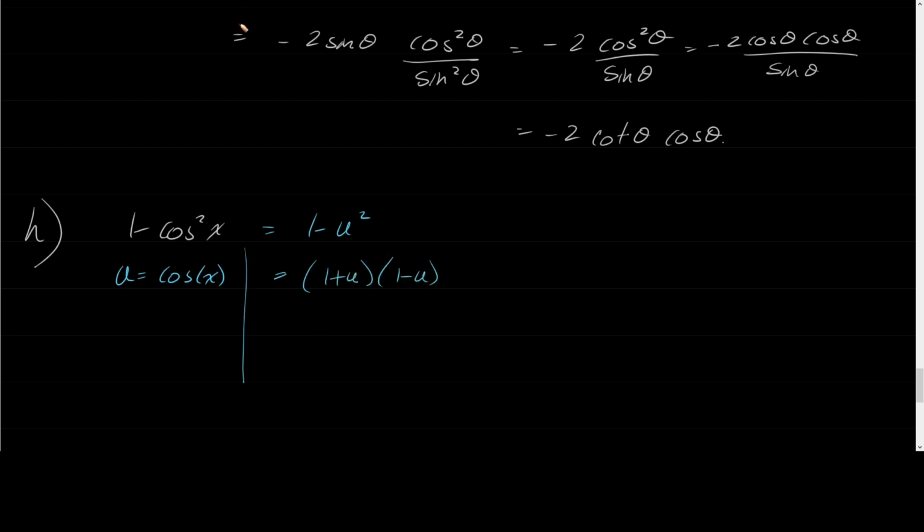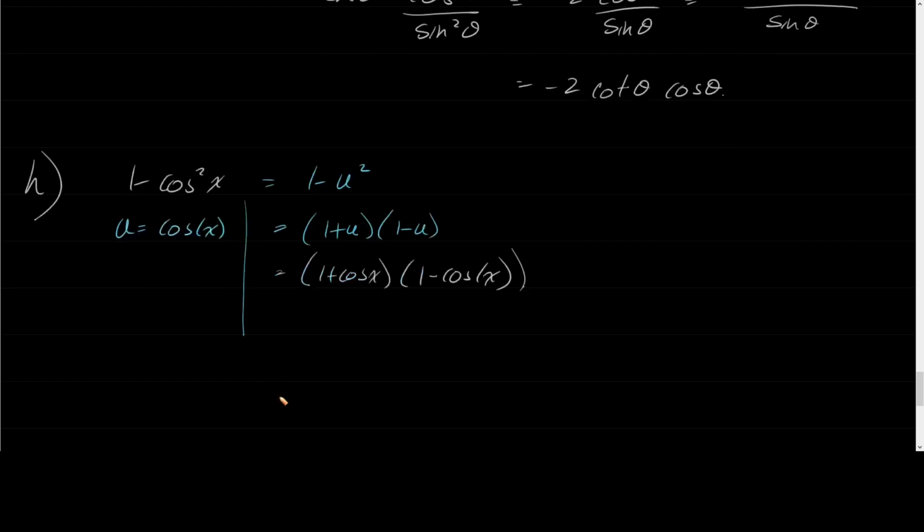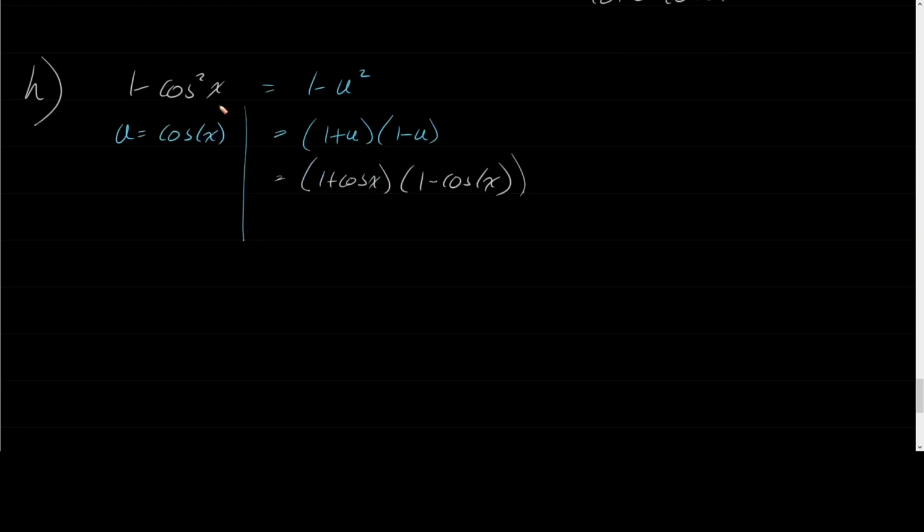In other words, since u is cosine, I can look at this as 1 plus cosine x times 1 minus cosine x. All right? And if you are able to go from this to this last step, that's great. You don't necessarily have to. You can just go ahead and do this u substitution. But if you can do it in one step, go for it.